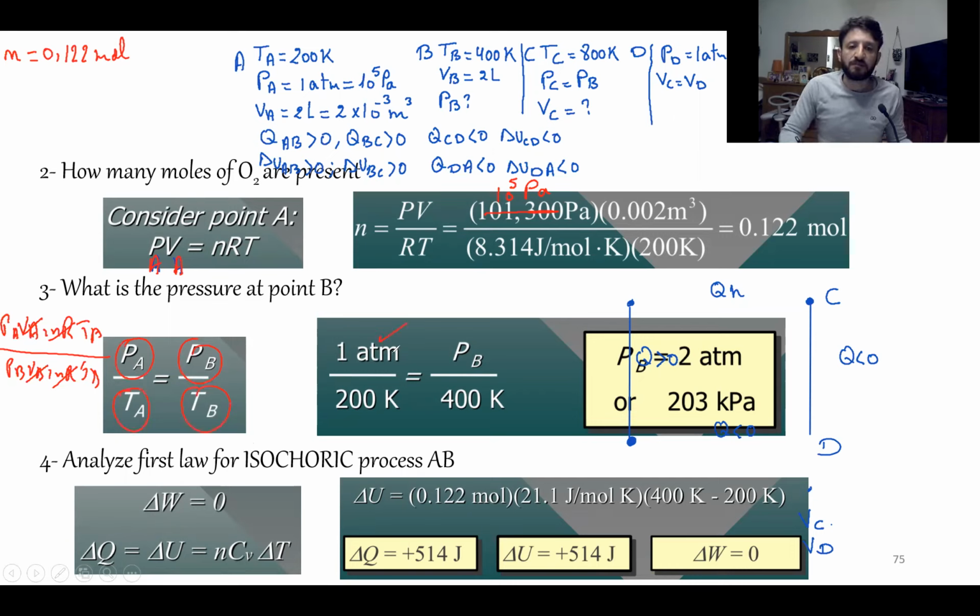You have PA, TA, you calculate PB, and we have TB. Finally, we get the value of PB equals 2 atm or 2 times 10 power 5 Pascal. You can write here the value, PB equals PC equals 2 times 10 power 5 Pascal. Okay.